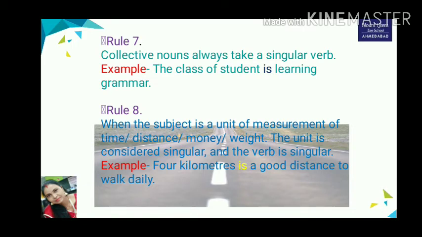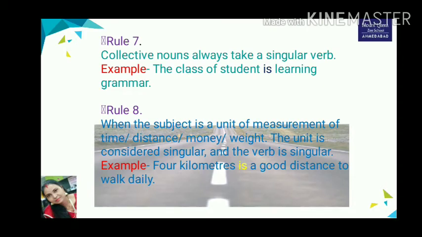Rule number 8: when the subject is a unit of measurement of time, distance, money, weight, the unit is considered singular and the verb is singular. If we are using our subject as a unit of measurement, whether we are measuring time or distance or money or weight, we consider that a singular noun, so we use the singular verb there.